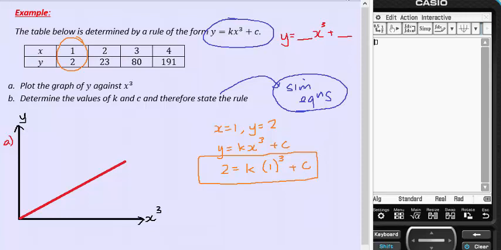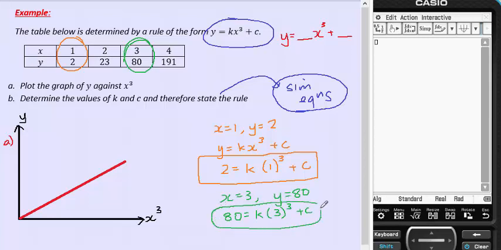Now what I'll do is I'll have a look at another point. Let's have a look at this point. And this one says that when x equals 3, y equals 80. So in the same way, my equation of y equals kx cubed plus c becomes 80 equals k times 3 cubed plus c. And that's my second equation.